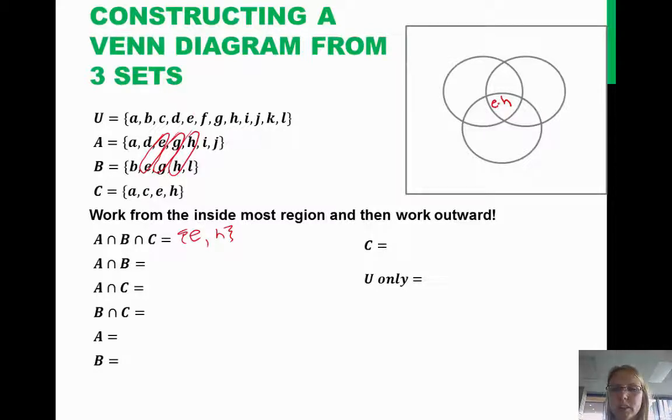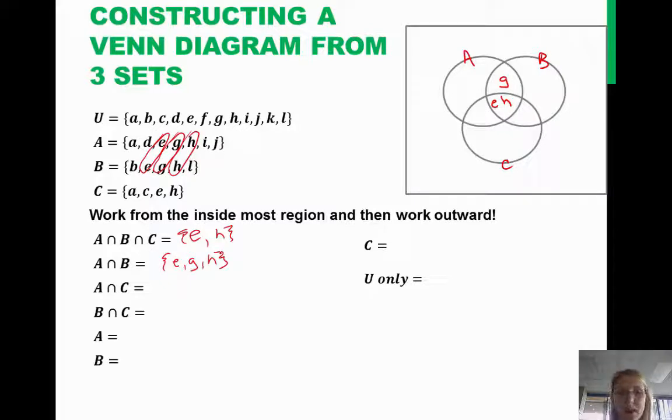We've already listed E and H here. I'm going to label these sets. We've already listed it here, so the only other one that we have left to list is G, so I will put that right there. But A intersect B is E, G, and H.